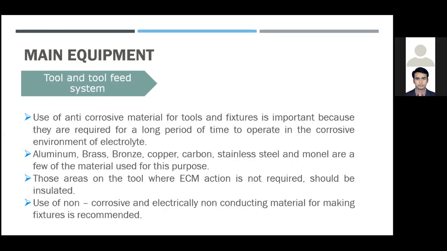The next equipment is tool and tool feed system. Use of anti-corrosive material for tool and fixtures is important because they are required for a long period of time to operate in a corrosive environment of electrolyte. Aluminium, brass, bronze, copper, carbon, stainless steel are a few materials which are used for this purpose.